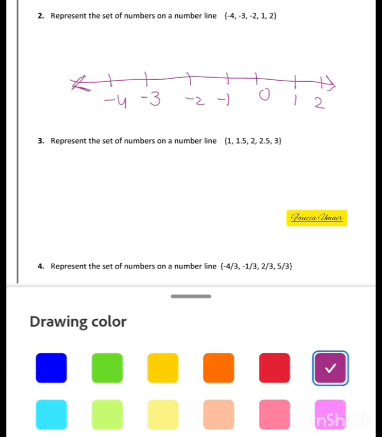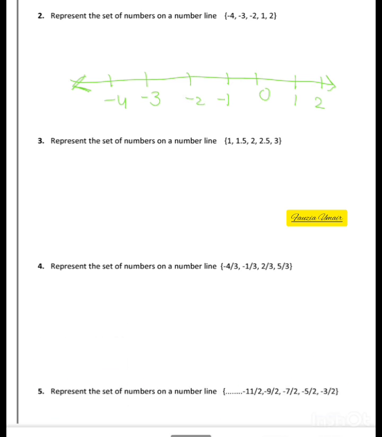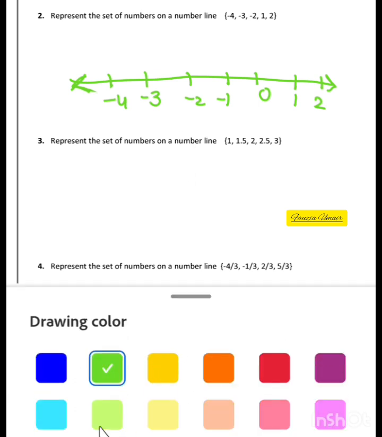Now I can plot the numbers. I am changing the color so that you can clearly see where I am plotting the points. This is the number line. Now I need to plot the points on it.